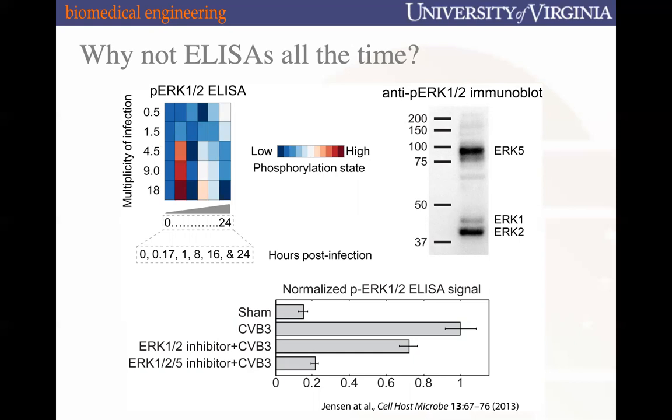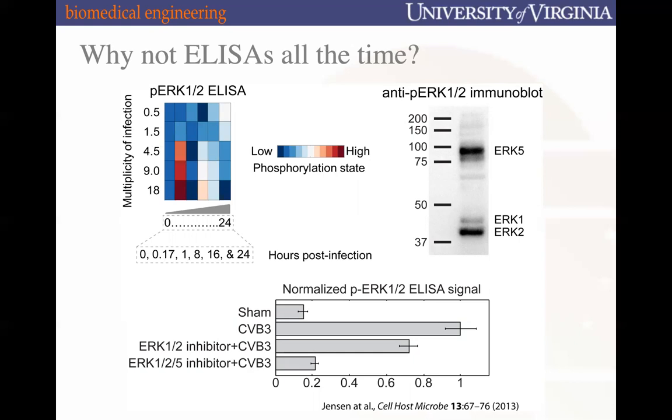ELISAs are typically used for secreted proteins, but you can use them for proteins that are in a cell. One thing that's really interesting is something that the Jane's lab discovered. We use antibodies that look at phosphorylated ERK, a MAP kinase that comes in different isoforms, 1, 2, and 5.